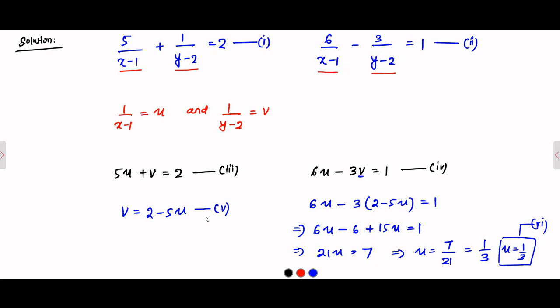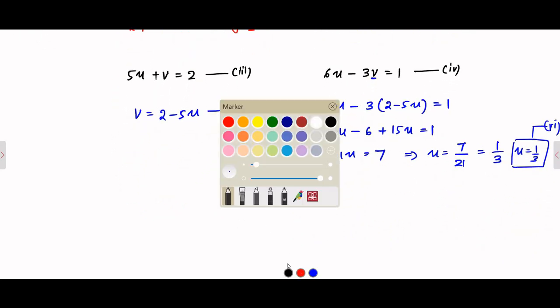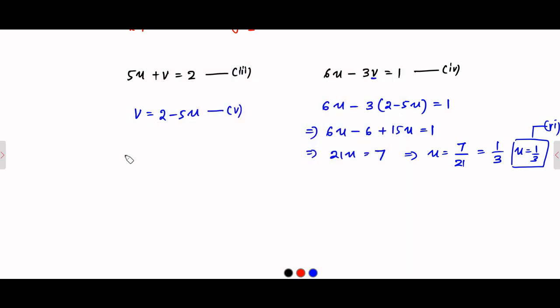Now we'll put this in equation 5 to get the value of v. So v is equal to 2 minus 5 into 1 by 3, which is equal to 2 minus 5 by 3, equal to 6 minus 5 by 3, which is equal to 1 by 3.